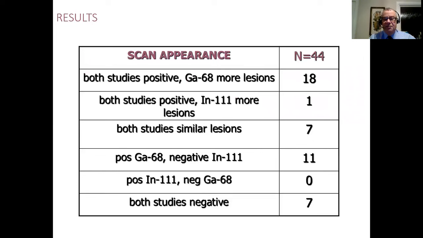They had 44 patients, and in both studies, the gallium-68 were positive in 18 patients, but there were more lesions seen with the gallium-68 DOTATATE. There was one patient which, interestingly, had more lesions seen with the indium octreotide, but that's quite rare. Both studies having similar lesions, only 7 patients, it wasn't a big number.